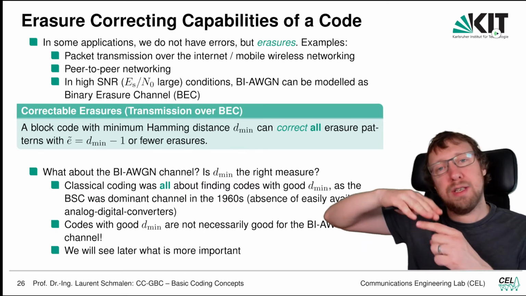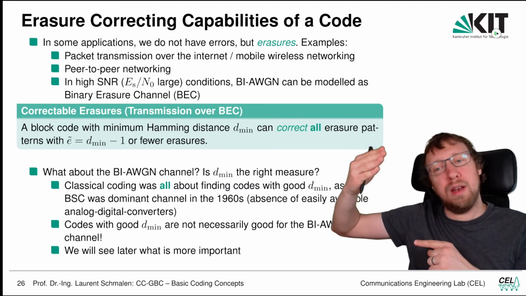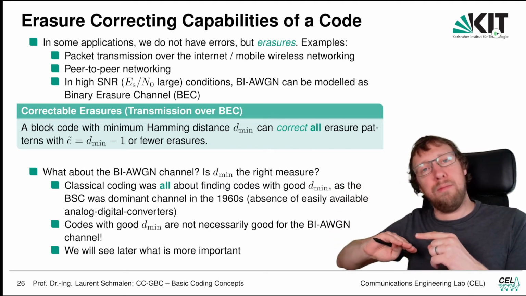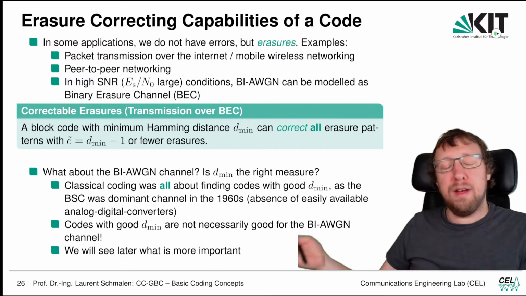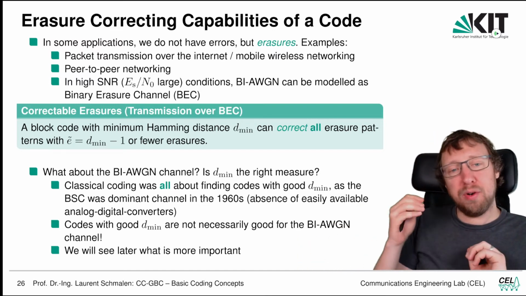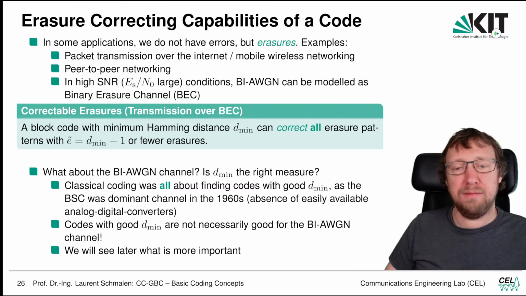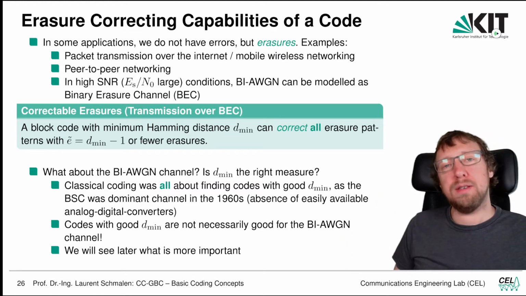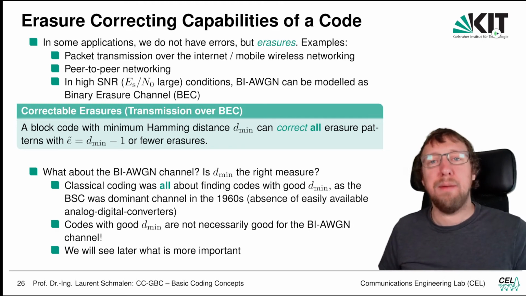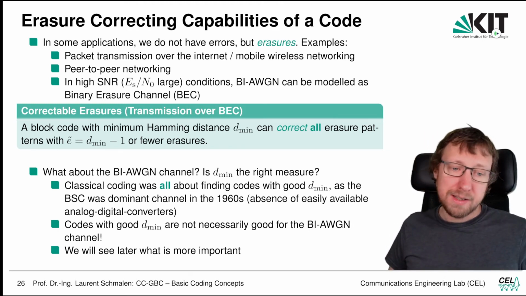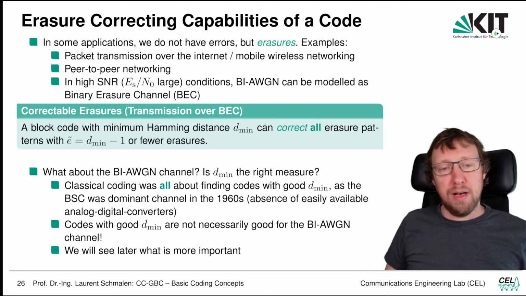So if the voltage is above a certain level, we put a 1; if it's below a certain level, we put a 0. We didn't have a way to measure the output of the channel until the 90s, 2000s. And that was when the binary input AWGN channel became dominant, in practice at least. In research, it was dominant already earlier.